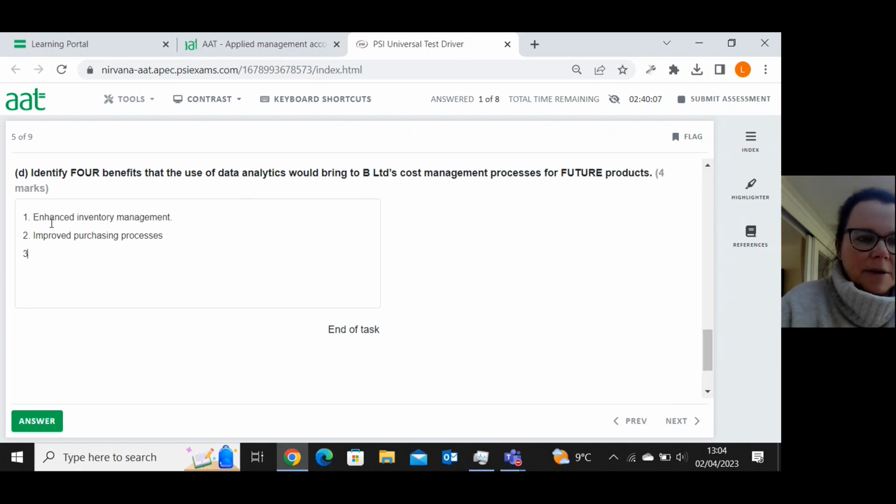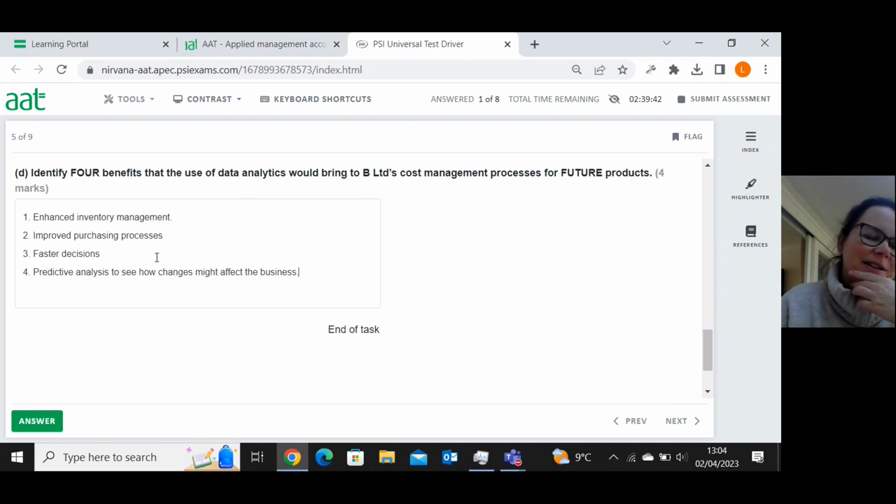Number 3, we could make faster decisions. Or number 4, we could do predictive analysis to see how changes might affect the business.